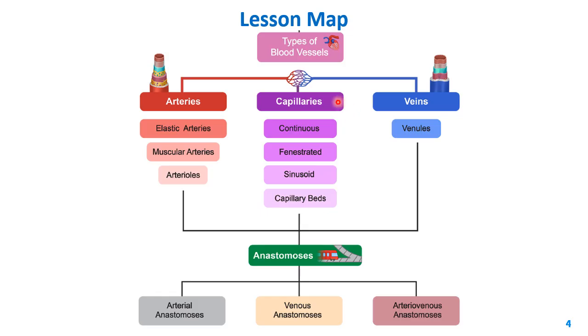Then we are going to look at the capillaries, okay? And not only the subtypes of the capillaries, but also this very interesting thing that is a capillary bed. All of that exchange of nutrients and also of waste products is going to happen at the capillary bed. And that's where you're going to have the connection from the arteries to the veins.